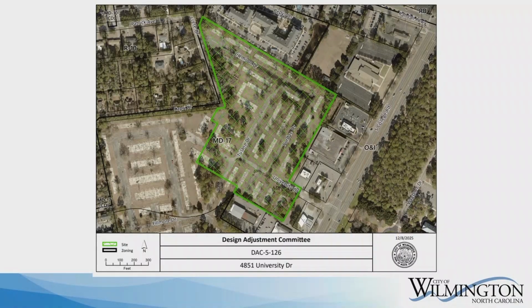This is an evidentiary hearing located at 4851 University Drive. The site is located along University Drive and is approximately 16.75 acres in size. The site is zoned MD17, high-density multiple dwelling residential district. The proposed new construction consists of a 320-unit multi-dwelling development.